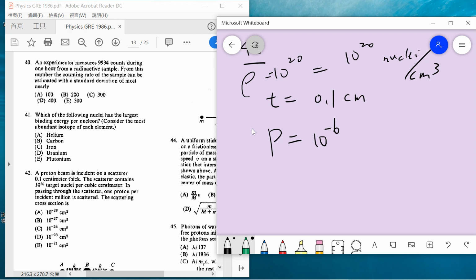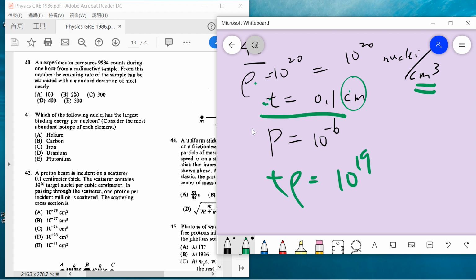This is 1 over centimeter cubed and this is centimeter, so if I use t times this, then I get this one.